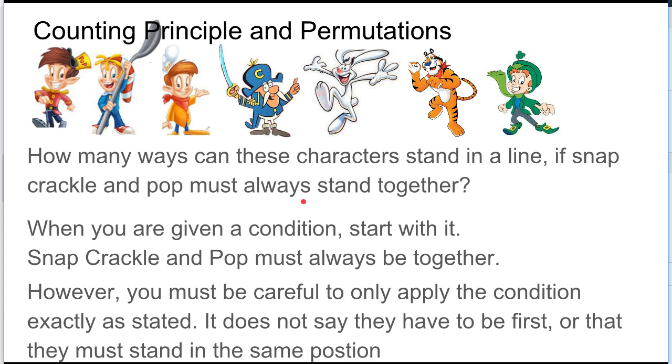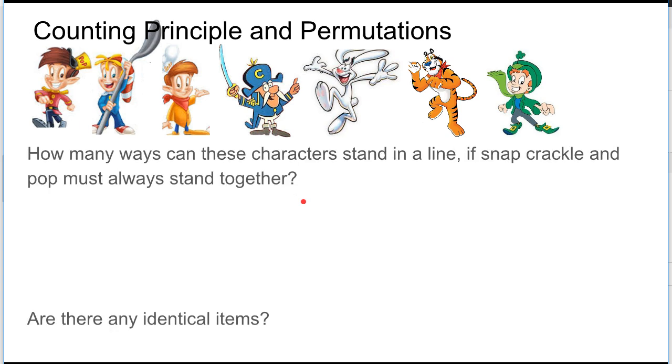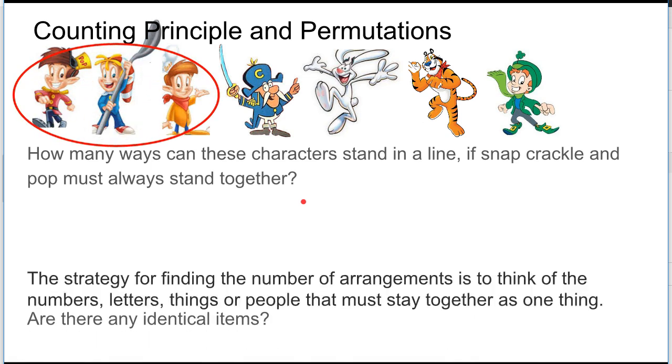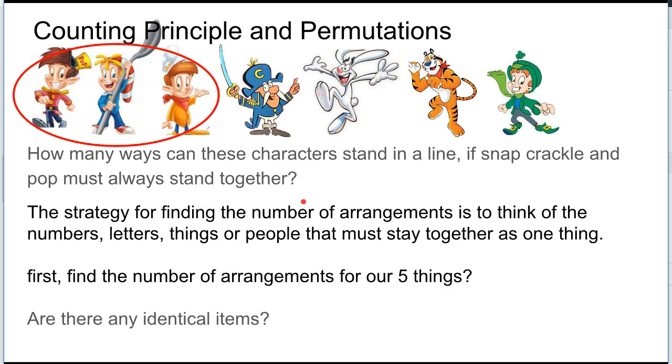All right, so let's take a look at this. One way to go about this is to think of these guys as one thing. I got Snap, Crackle, and Pop, and no longer am I thinking of them as three things. I'm thinking of them as just one thing. And the strategy then is to go ahead and find the number of ways the new number of things could be found.